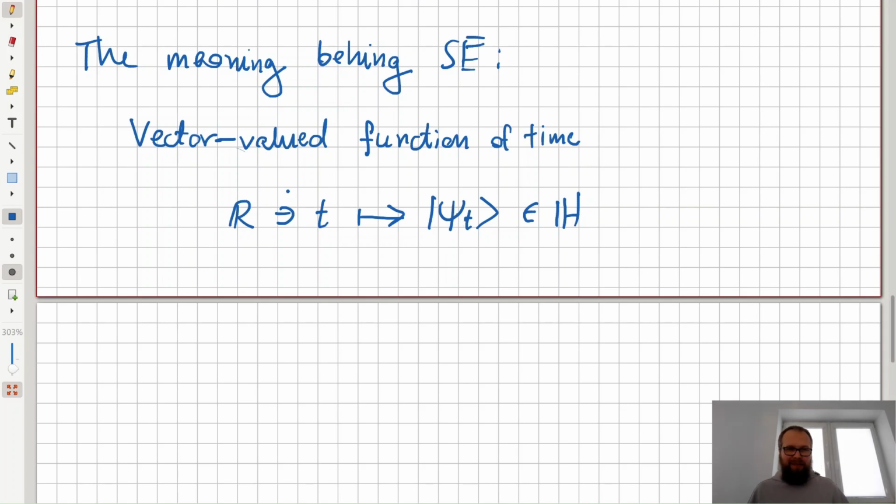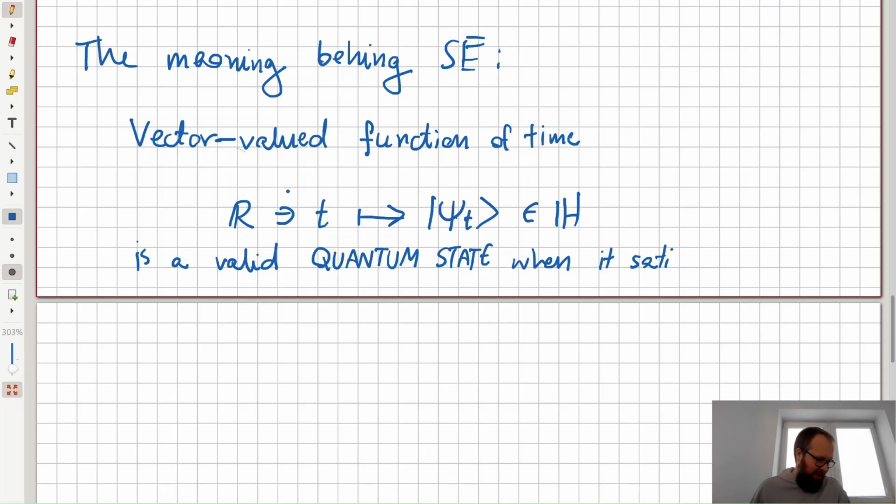It is a valid, let's call it quantum state, when it satisfies the Schrodinger equation, or is a solution to the Schrodinger equation.